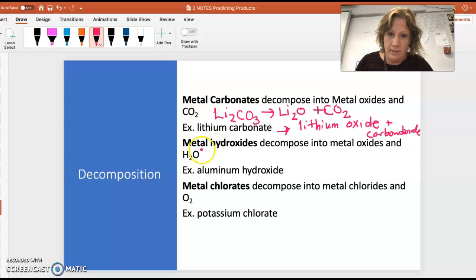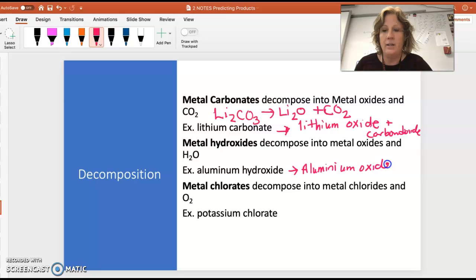Metal hydroxides. So this is the opposite of those synthesis reactions. If I have a metal hydroxide, aluminum's my metal, hydroxide will break into a metal, which is still aluminum, oxide. So I'll get aluminum oxide and water.